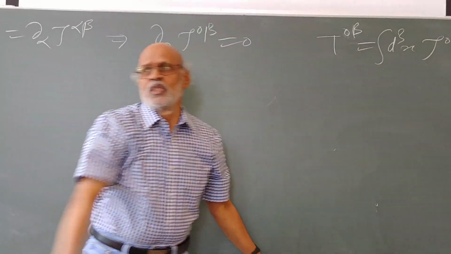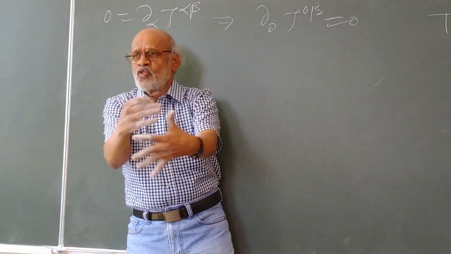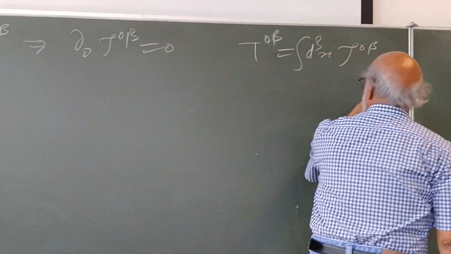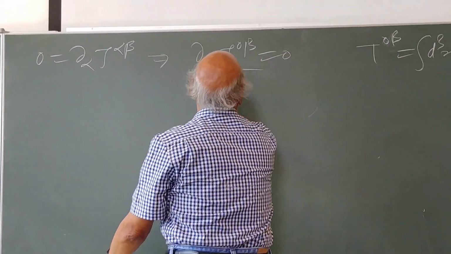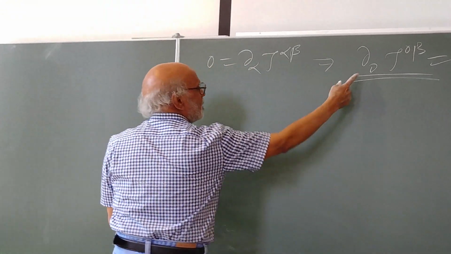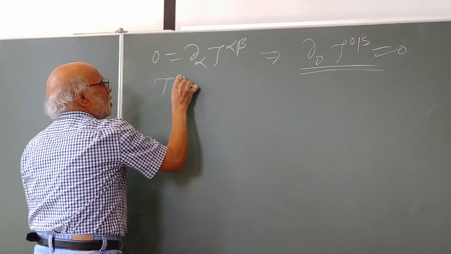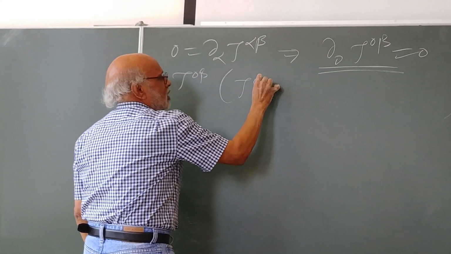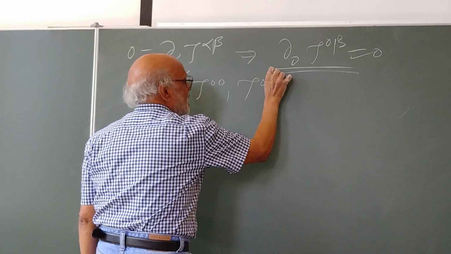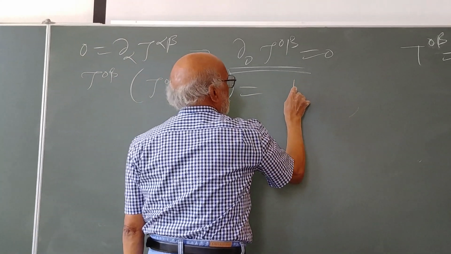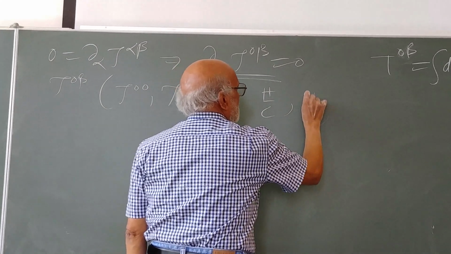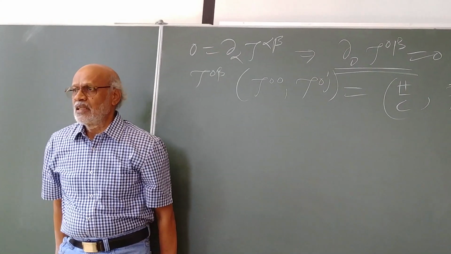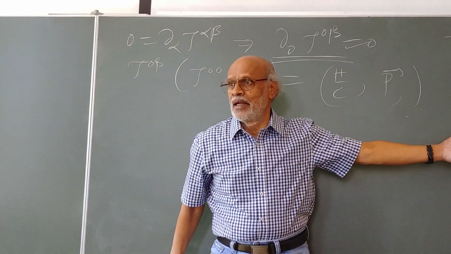you would construct always the full quantities by summing over the entire space. Okay, so like this, and now by this I want to say that T0 beta has 4 components, and what are these components? T0 0, T0 J, and what are these? This is H by C, and vector P. So this is the field energy, this is the field momentum.